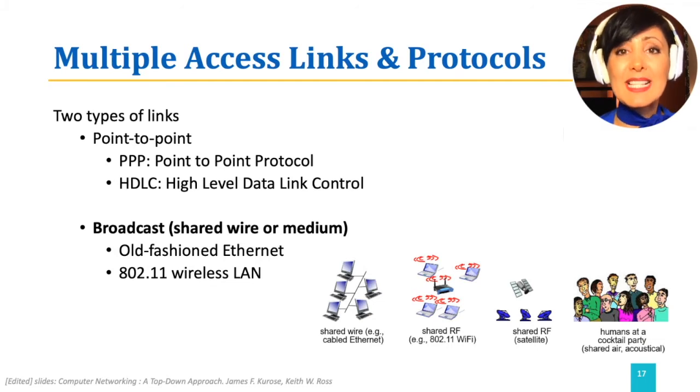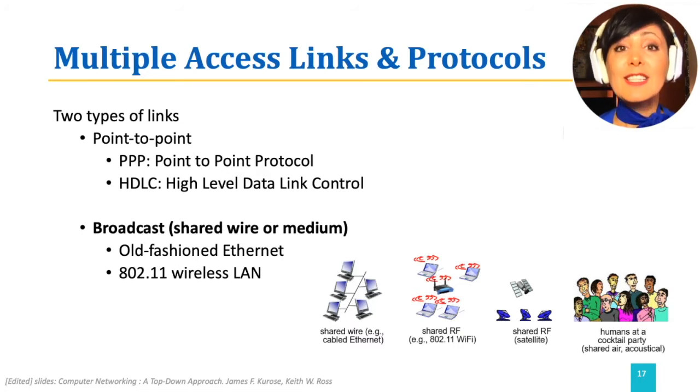In a broadcast link, a sender sends out a frame, and each of the other nodes can receive a copy. You might think of it like a person talking and many other people hearing it. Or a TV broadcast with many receivers.